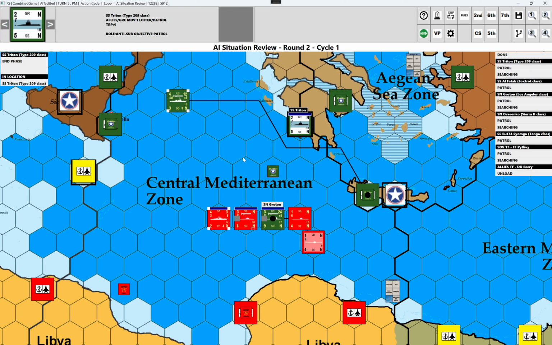But now you can tell they're all closing in on the Groton. Now notice what this guy did. He was aimed toward there, but when it came time to actually move, he thought better of it and went into search mode. So it's just really random in that regard.